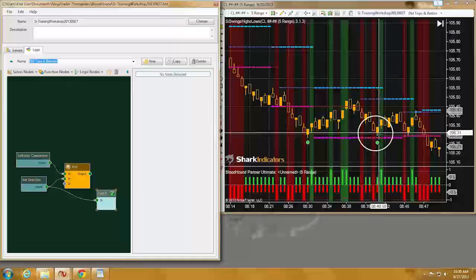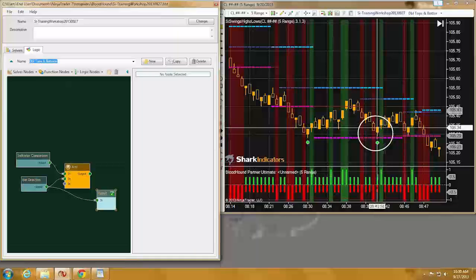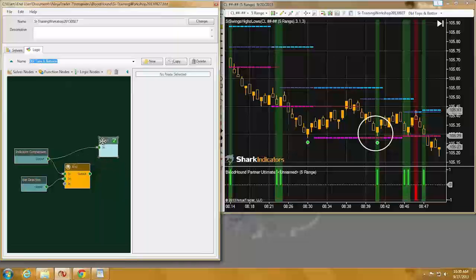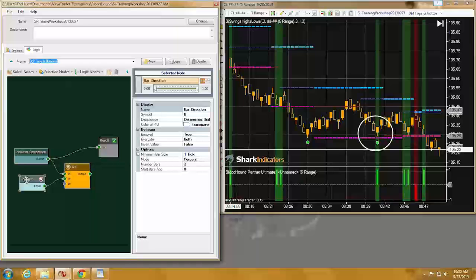The signal comes afterwards because now we're looking for 2 bars in the correct direction. So what I have to do is take this signal here from the comparison solver and move it forward 1 bar so that it lines up with the signal coming out of our bar direction.